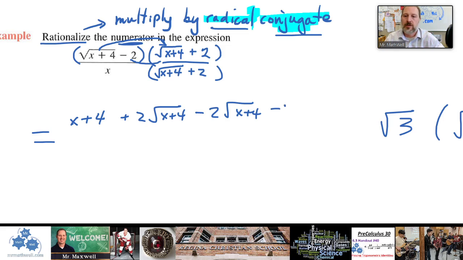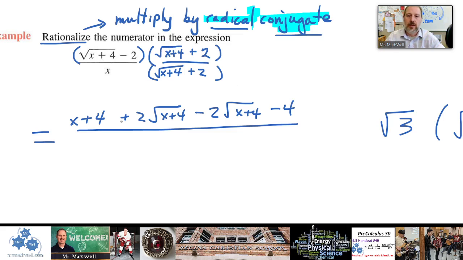And then minus 4. That's what you have when you multiply all that out. I'll get rid of some of my markings there so you can see that. Okay. And then on the bottom, we're going to leave this in factored form, really. This will be handy later in calculus, but I'm not going to multiply that out just now.